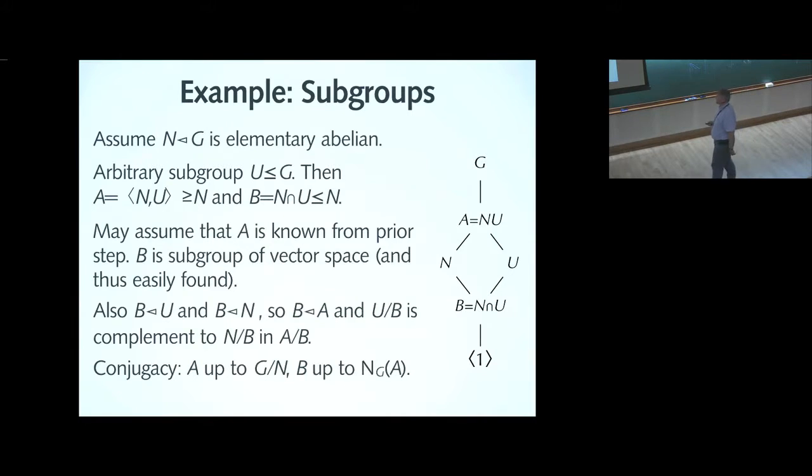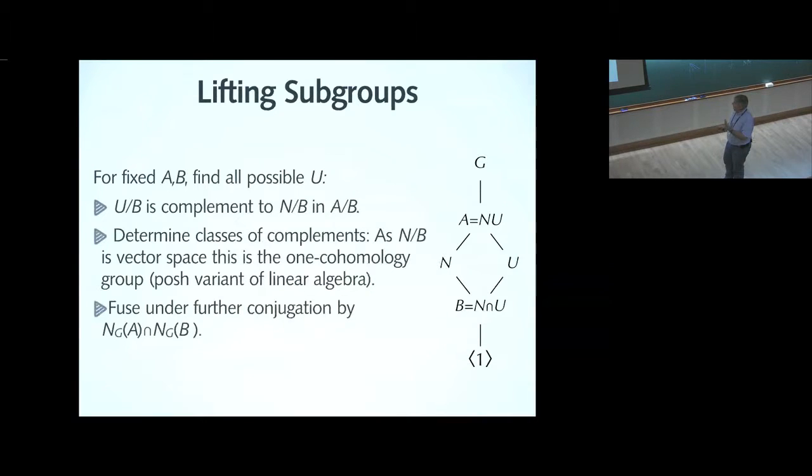And if I want subgroups up to conjugacy, let's assume I have obtained A up to conjugacy. I will then describe the subgroups B only up to conjugacy by the normalizer of A, and then I need to calculate these complements. So what I do in the algorithm, I assume all the A's are known from a previous step. I calculate the B's. I calculate complements. How do I find these complements?